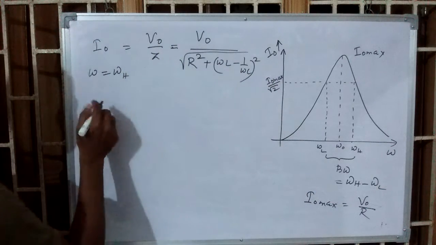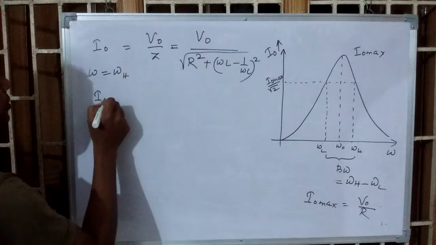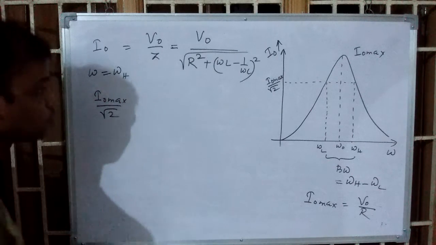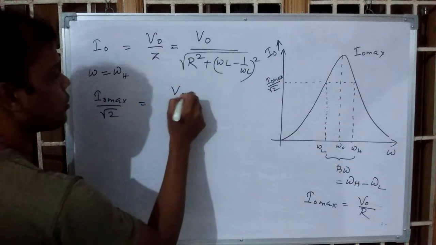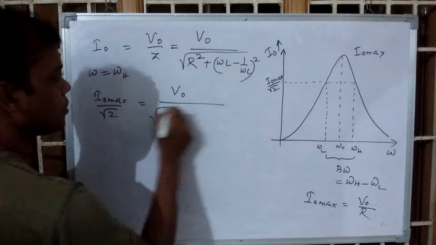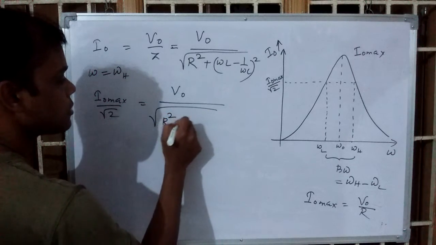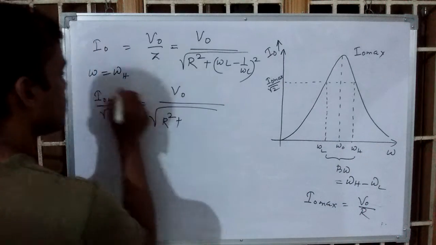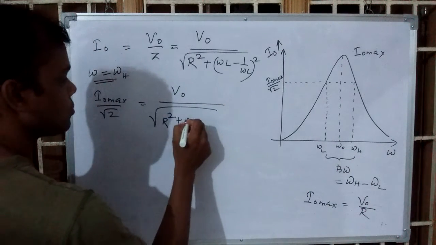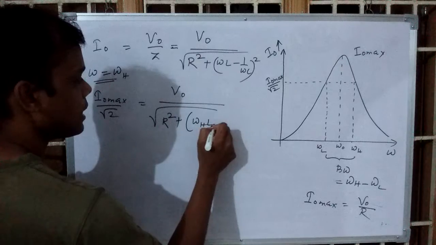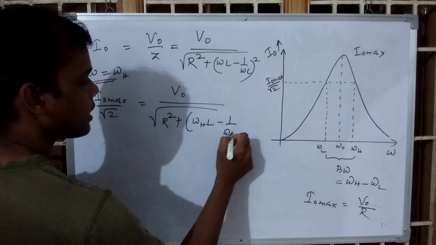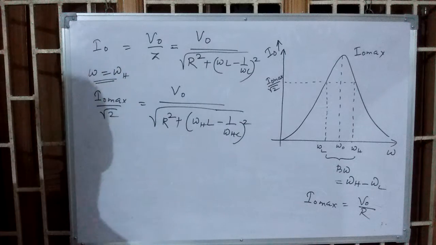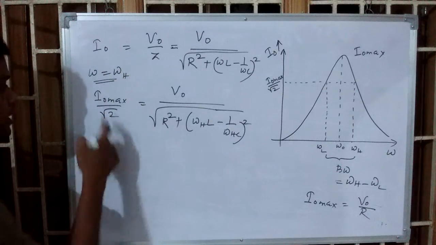So I will simply put here I naught max by root 2 is equal to V naught by square root of R square plus, in place of omega I have to put omega h. So this is the condition: omega h L minus 1 by omega h C whole square. Now what is I naught max?